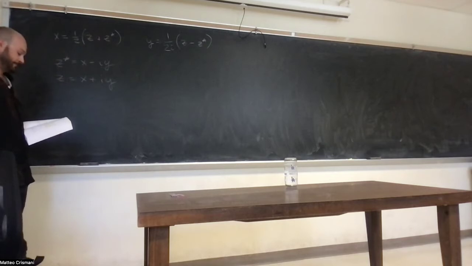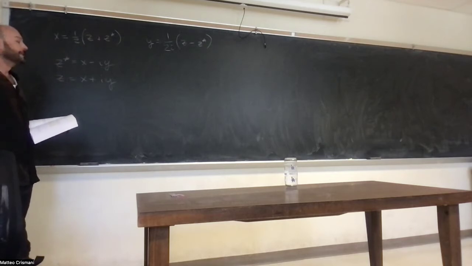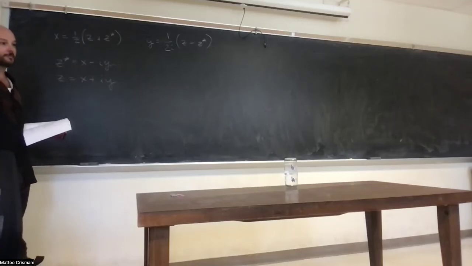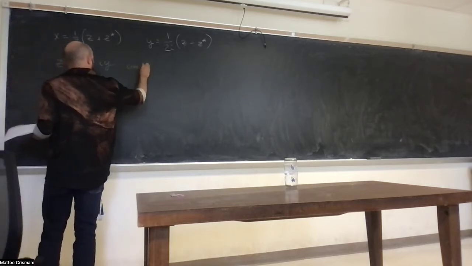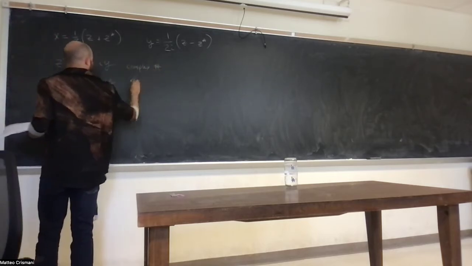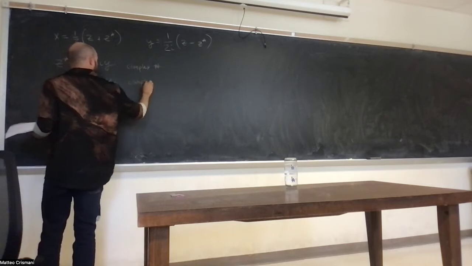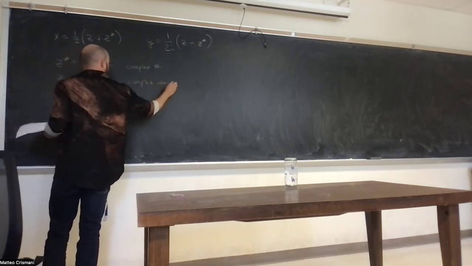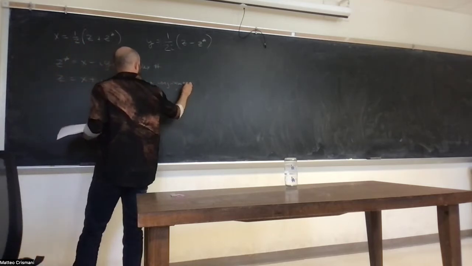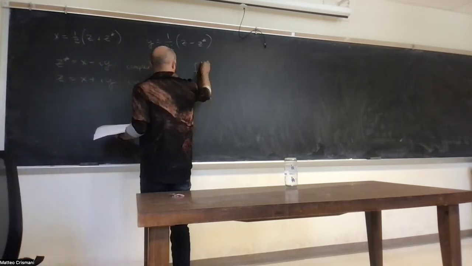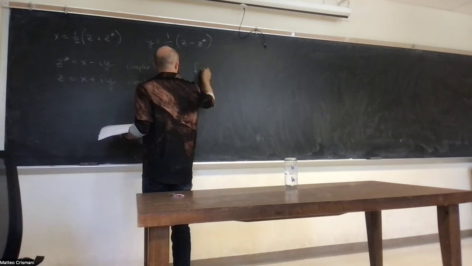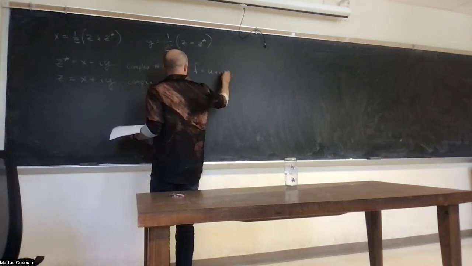Cool. So technically, this is fun. If you think about x and y as a combination of a complex number and the complex conjugate, then I can represent u plus iv.